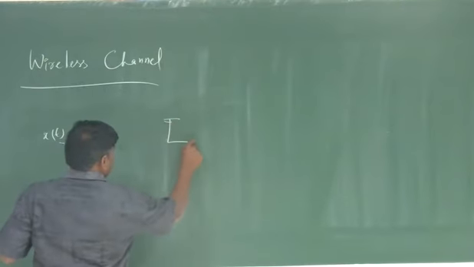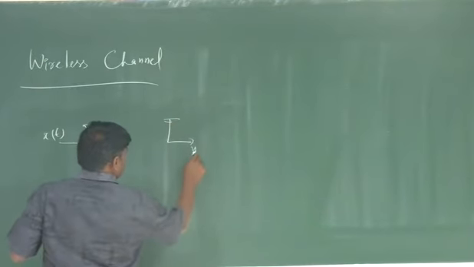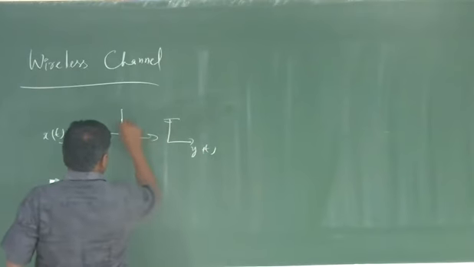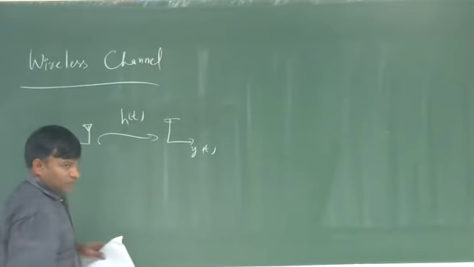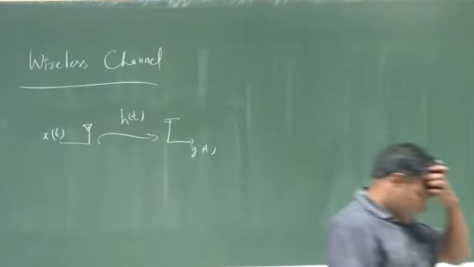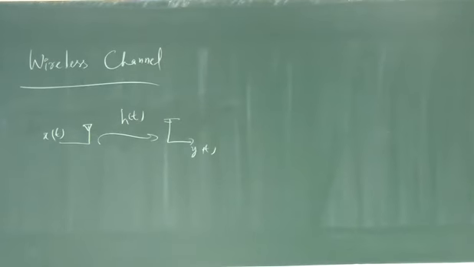Then what we receive is y of t, and there is this channel in between with an impulse response h of t.